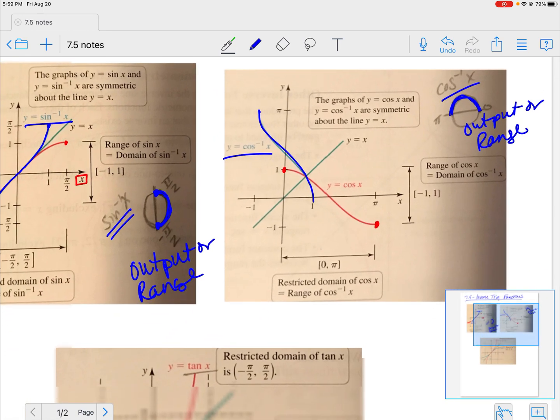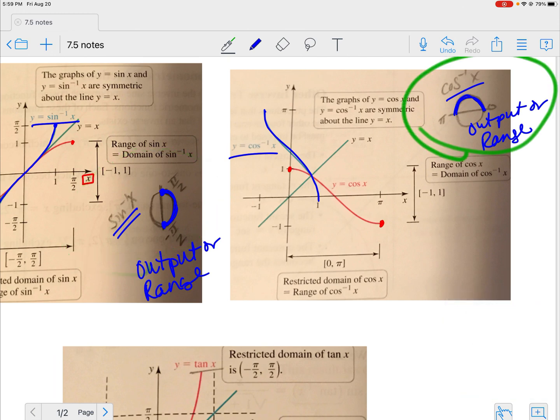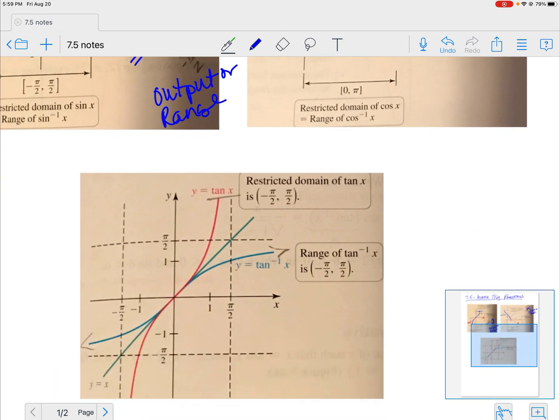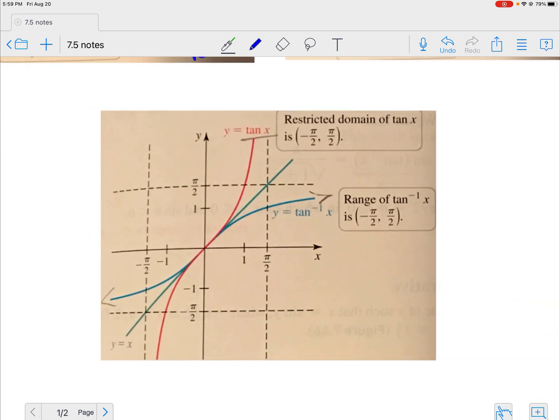So with those restrictions, then that happens. So sine, cosine, two super common ones, and let's look at tangent. Sine, cosine, and tangent, right? Those are our three biggies. If I'm looking at my actual tangent function here, we have our asymptote at pi over 2 and negative pi over 2.